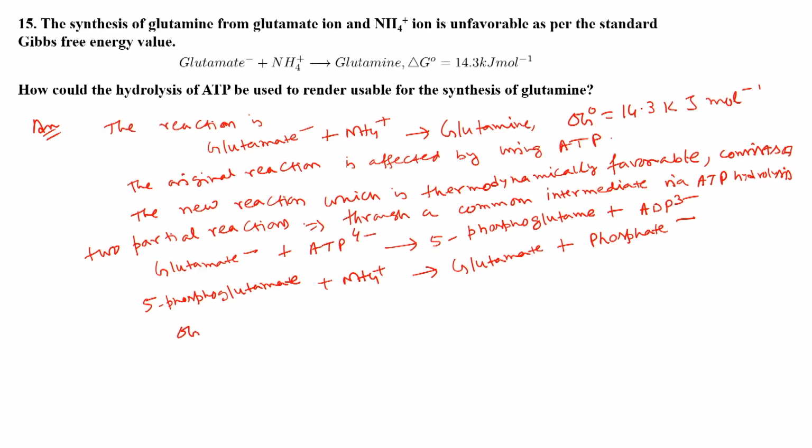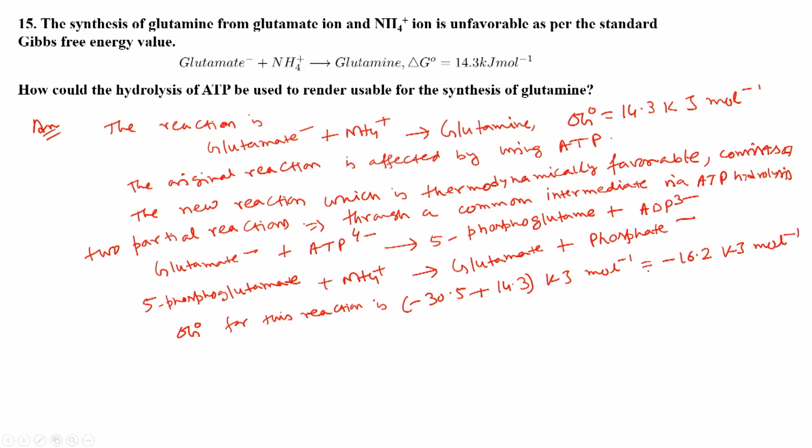So, delta G naught for this reaction is minus 30.5 plus 14.3 kilojoule per mole. So, gives you minus 16.2 kilojoule per mole.